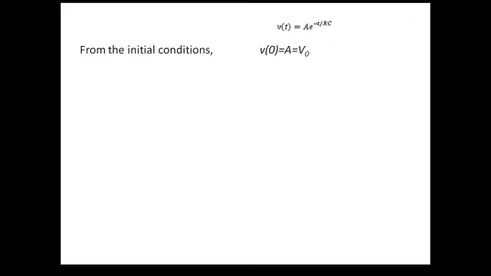E power 0 is 1, so therefore it is A. Already we know the voltage at the initial stage, that is V naught. Therefore A equal to V naught. Now you substitute this value in the above expression, and you will get V of t equal to V naught into e power minus t by RC. Okay, that is the voltage expression.